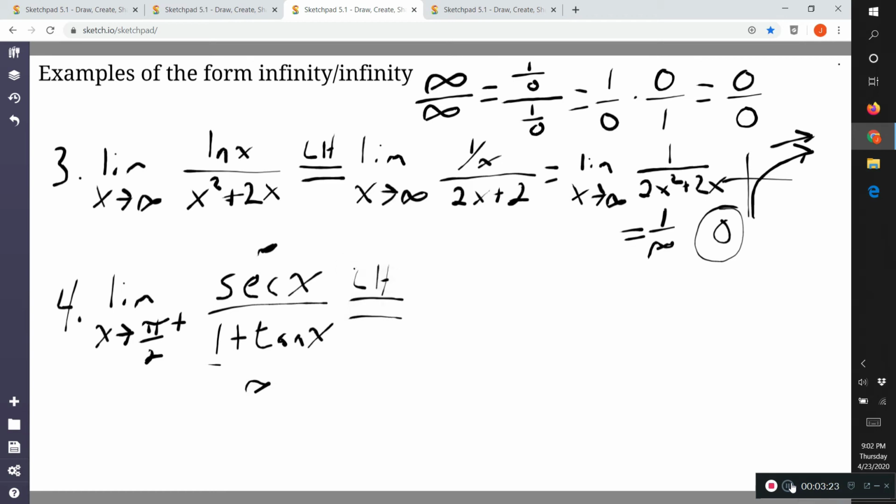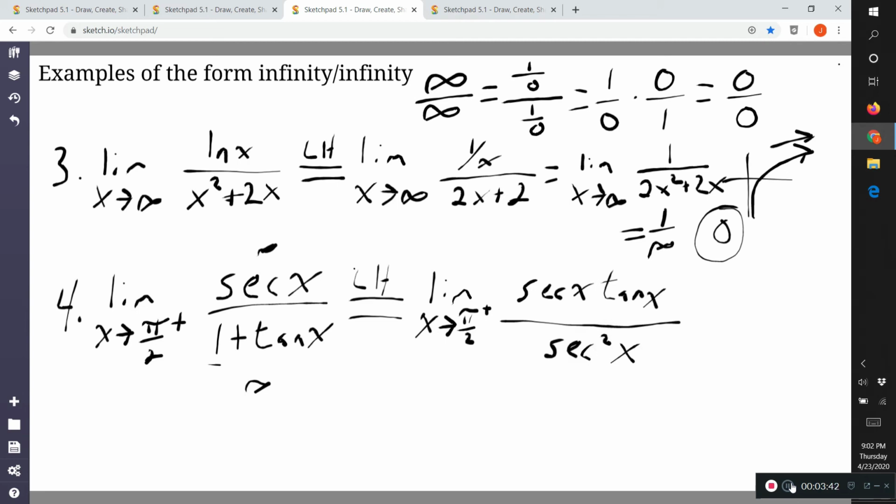So our derivative of secant is secant x tangent x. And the derivative of 1 plus tangent x, the 1 will go to 0 and the tangent x will go to secant squared x. And now we can do some cancellations.